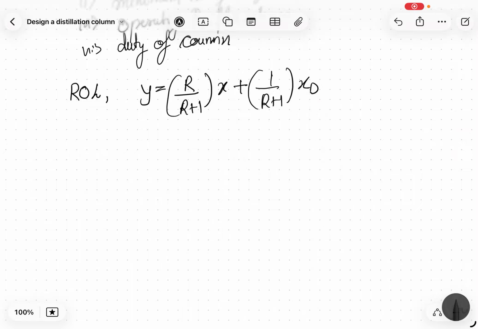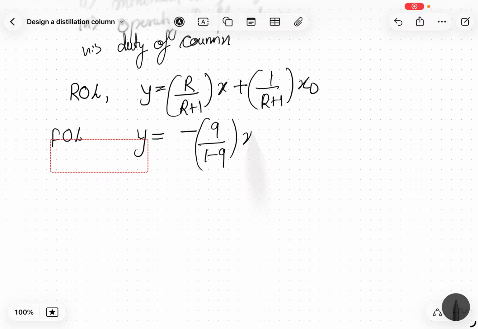Next, the feed operating line, which we have just determined: y equal to minus q upon 1 minus q x plus 1 upon 1 minus q xf.